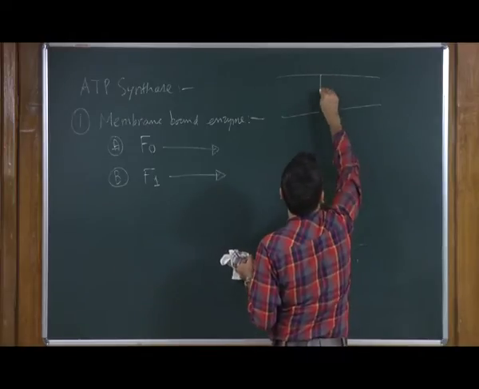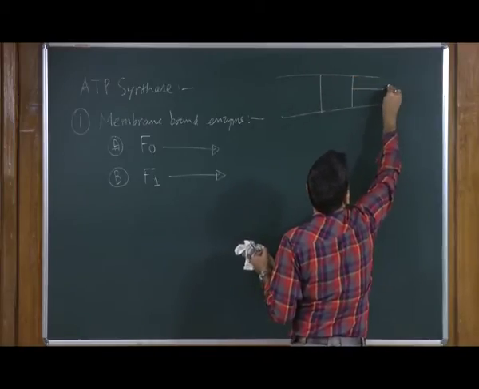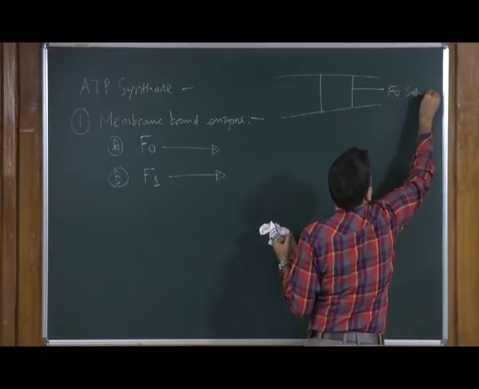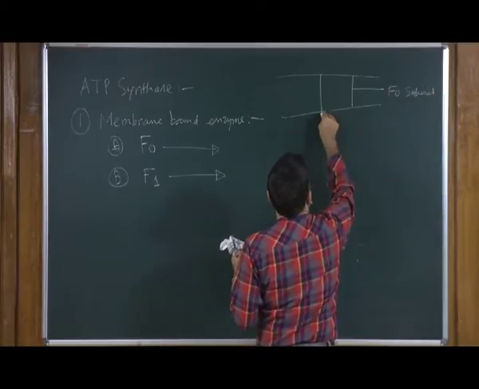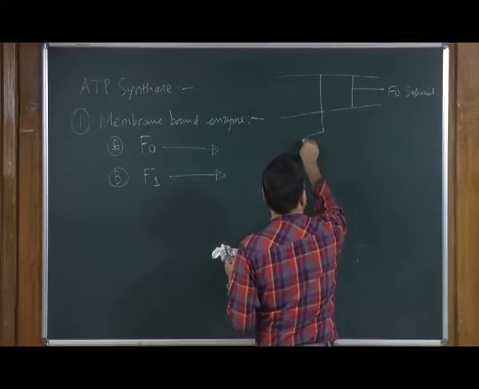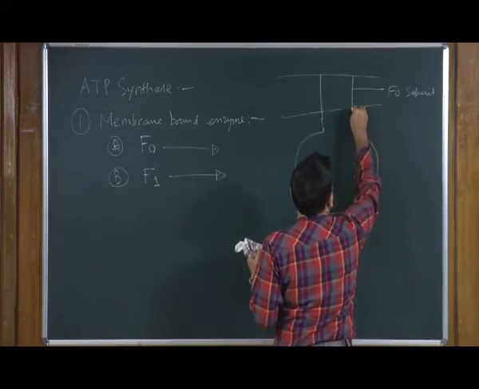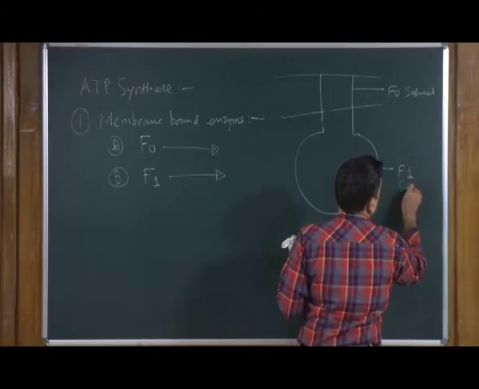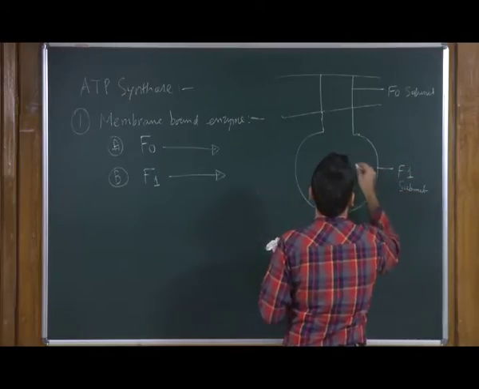And if you see the arrangement of the ATP synthase, it is like this. So, this portion is the FO subunit, and then after that it has a ball like structure, and this is the F1 subunit. Okay.